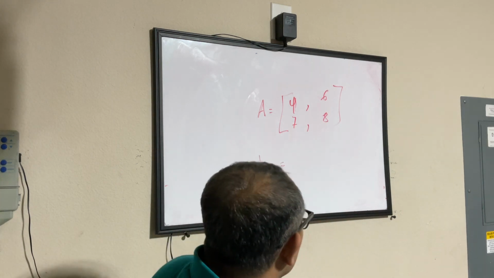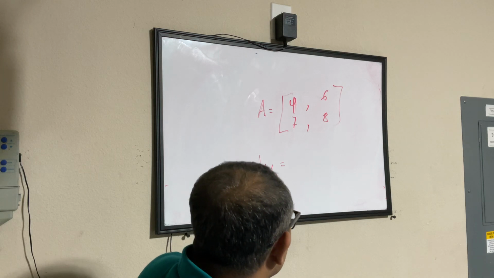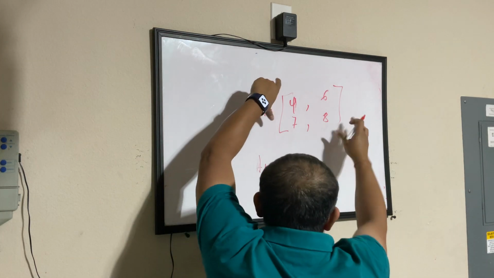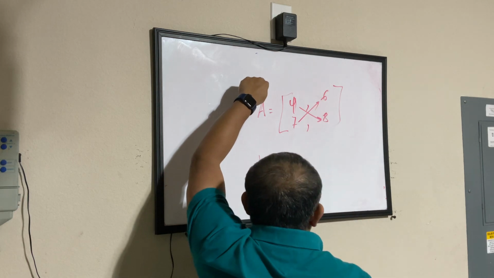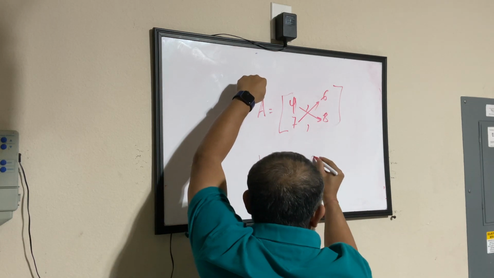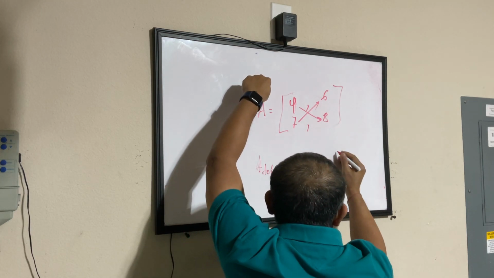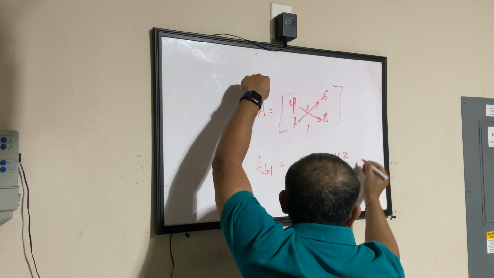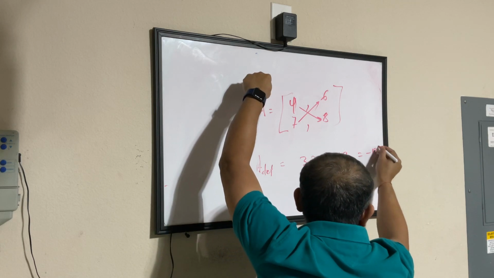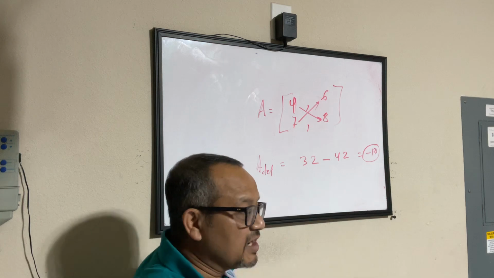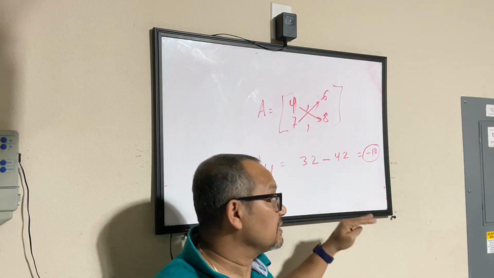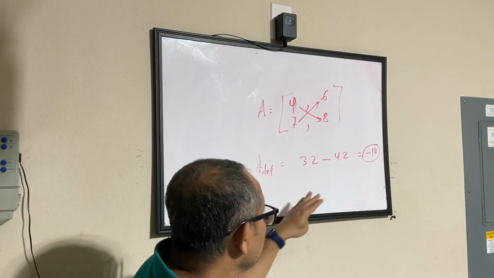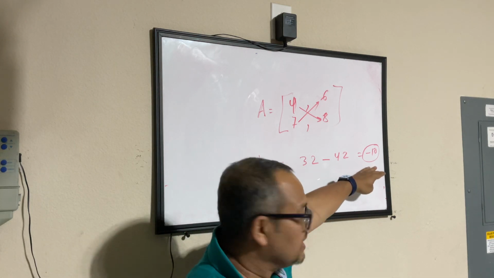If I ask what is the determinant of this matrix, it will be 4 times 8 minus 6 times 7. So 4 times 8 is 32, minus 6 times 7 is 42. This gives you minus 10. This is the determinant of the matrix. There are certain properties associated with that we'll talk about, but for now, you see that it's a negative value.